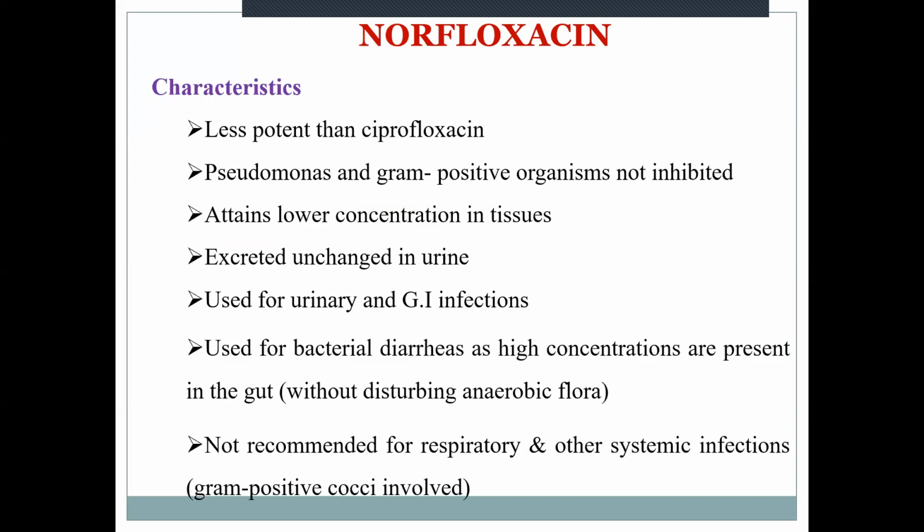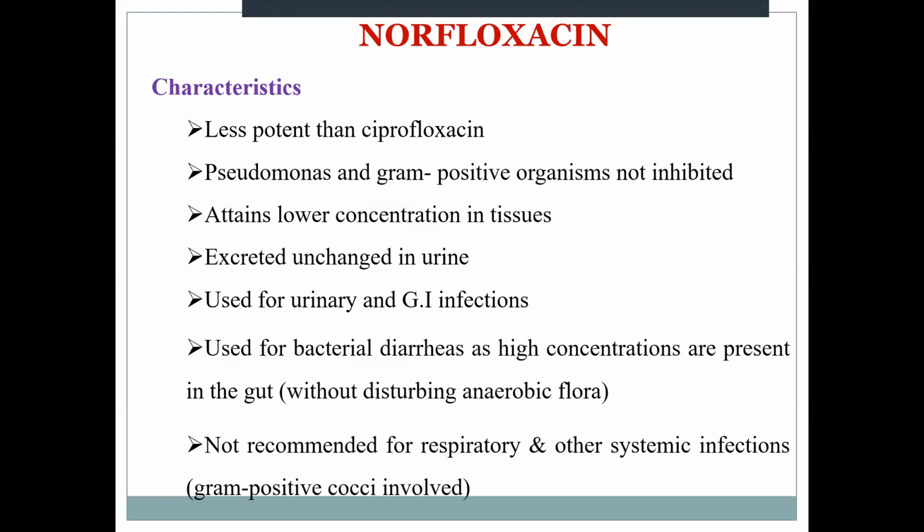Now here, the first compound other than ciprofloxacin is norfloxacin. We will see its characteristics as compared to ciprofloxacin. This compound is less potent, that means less effective in its bactericidal action against microbes as compared to ciprofloxacin.